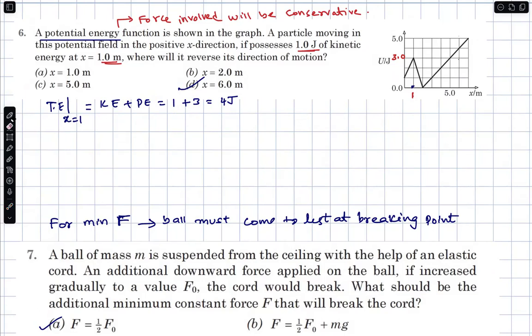Now you see this, the total energy here should not cross this line. This is 4.0. Correspondingly, this is 6.0.